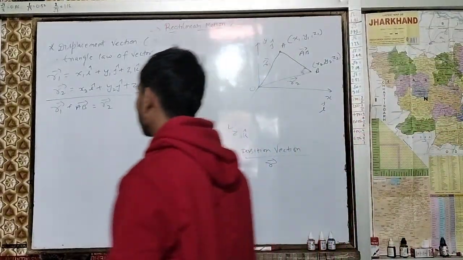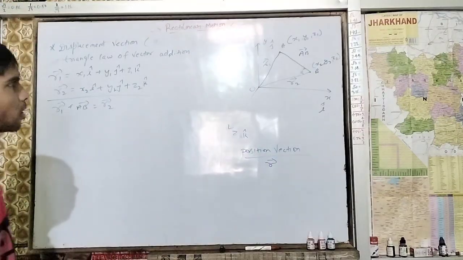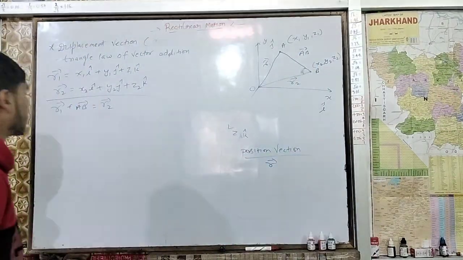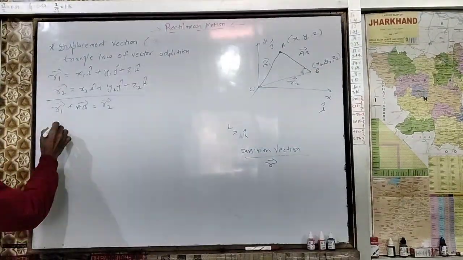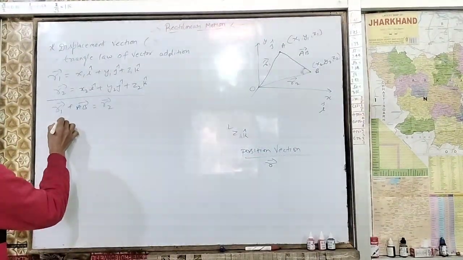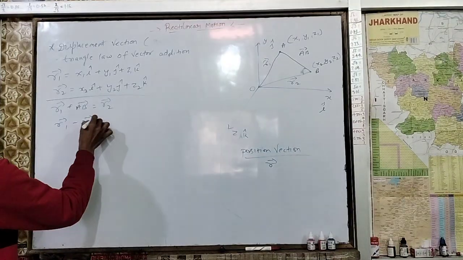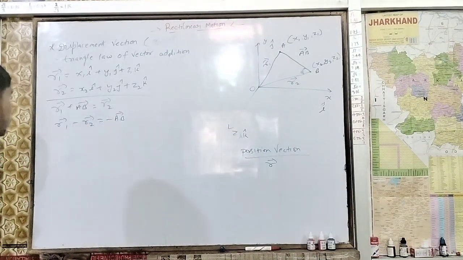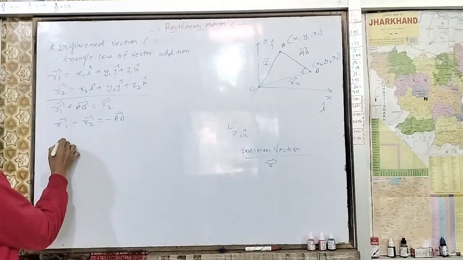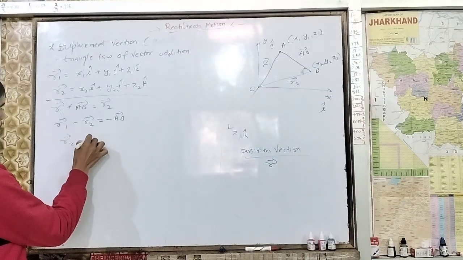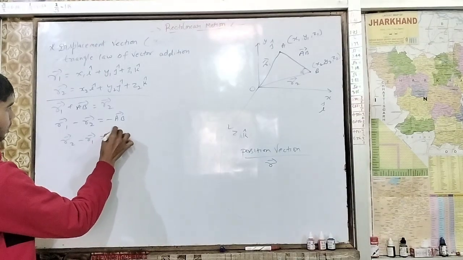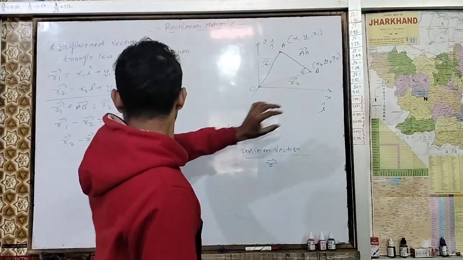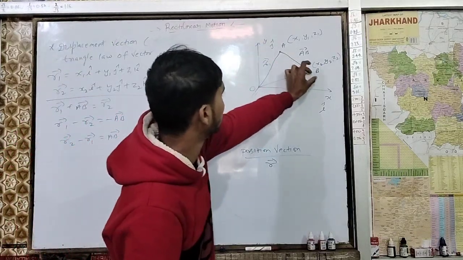From this equation, we just want to get this AB, which is the displacement of this body. So to calculate, of course, R1 will go to the other side with a minus sign. Can't you write it like this? R2 minus R1 is equal to AB. It means we are subtracting R1 from R2.